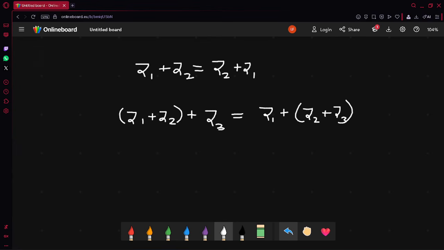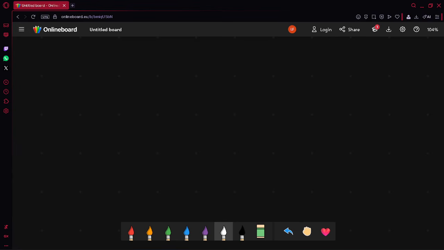And what is the additive identity of a complex number? Let's say you have z. What do you add to z for it to become z? And that's simple, 0.